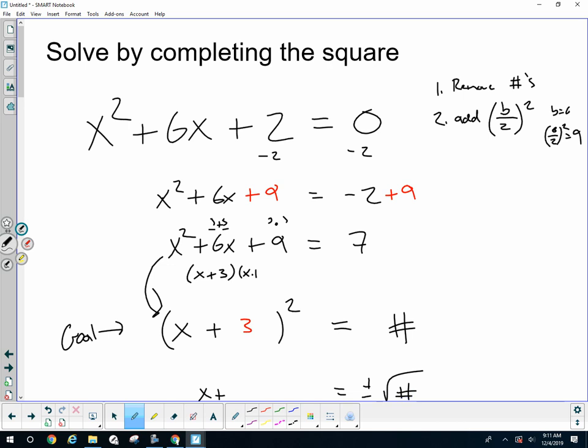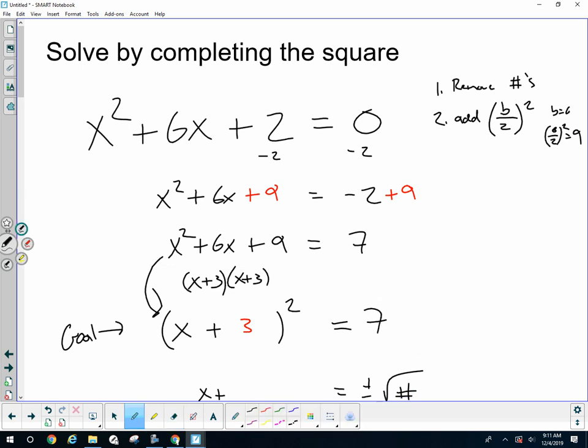But we talked about how that's the same as x plus 3 squared. Okay? So we got x plus 3 squared equals 7.